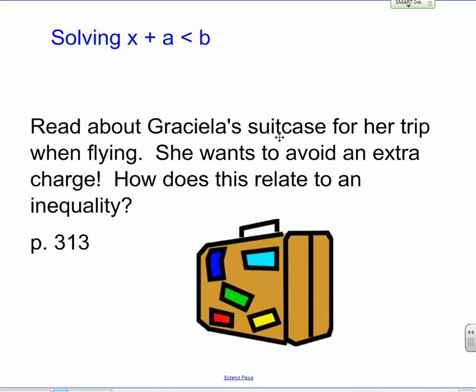You're limited on the weight of your suitcase when flying. This is about Graciella, and she doesn't want to pay an extra charge. If you read page 313, it shows you that she cannot have more than 50 pounds. She can have less than 50 pounds or equal to 50 pounds, but she cannot have more than 50 pounds or she has to pay a charge.